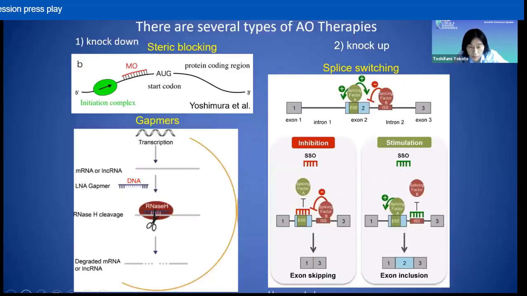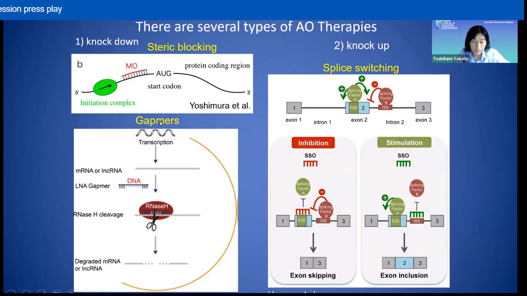So there are a couple of different approaches of antisense therapy. One way is to knock down the gene expression, and another one we call knock up, or to restore the gene expression. We can knock down gene expression using a couple of different approaches. One is called steric blocking, so you can block translation or transcription of DNA or RNA.